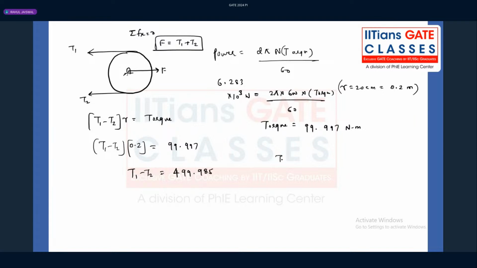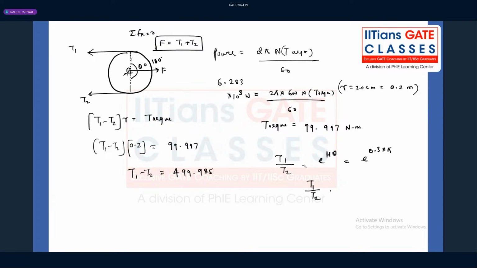And you know the relationship between T1 and T2 will be what, guys? What is the angle of wrap? The angle of wrap is 180 degrees. T1 by T2 is e to the power mu theta. If you write in radians, it will be pi, so 0.3 into pi.